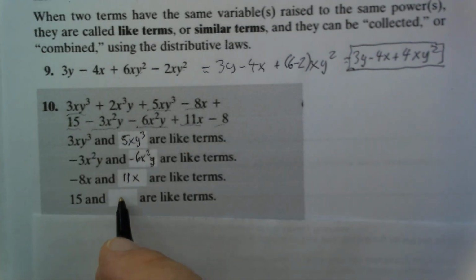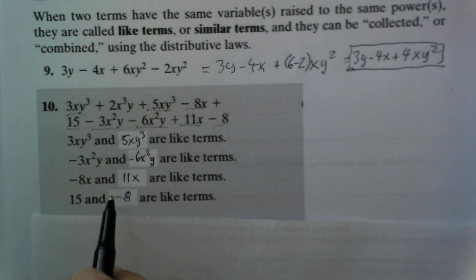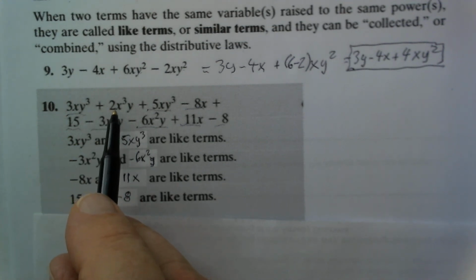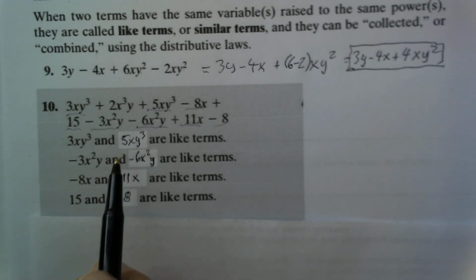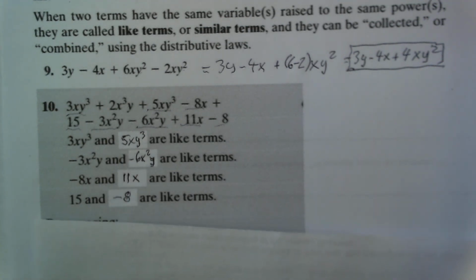So 15 and minus 8 are like terms. Now what about the term 2x to the third y? Well, there's no term that's like that, so we leave that alone.